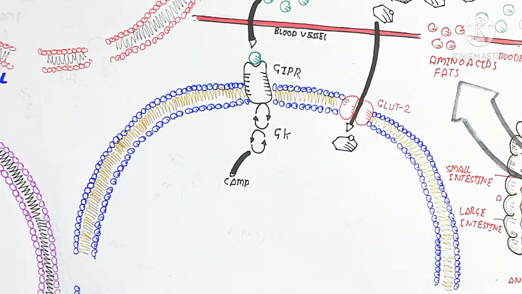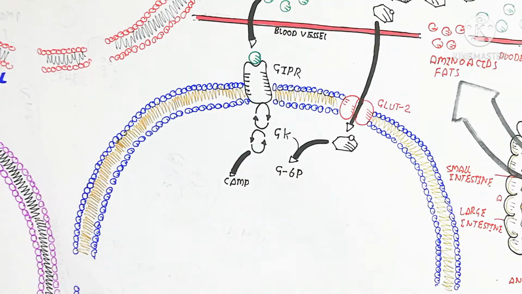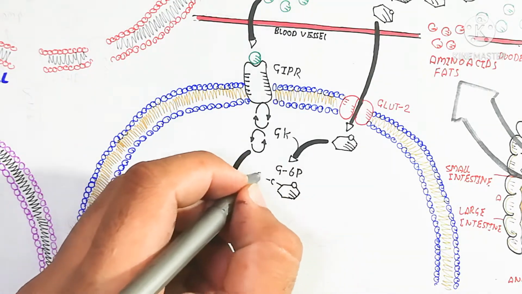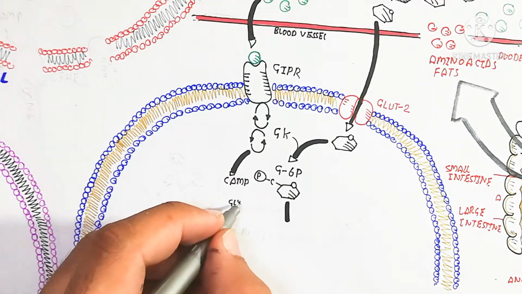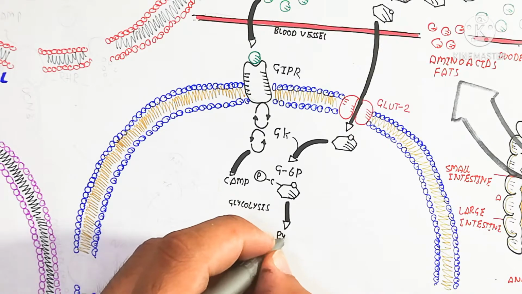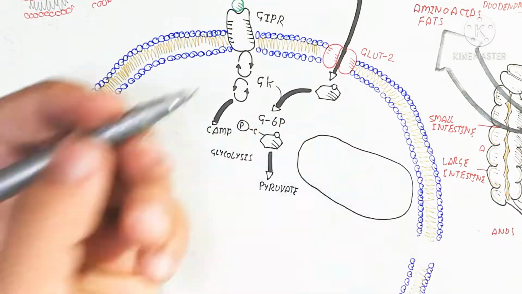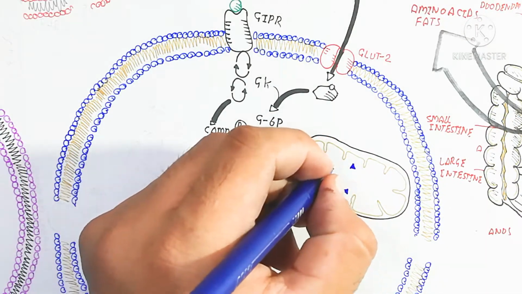Sugar is also present, and that sugar goes inside through the GLUT2 channel, along with one sodium ion moving inside. The sugar is acted on by the enzyme glucokinase, which uses a phosphate group to produce glucose 6-phosphate, and this glucose 6-phosphate goes through glycolysis to produce pyruvate.